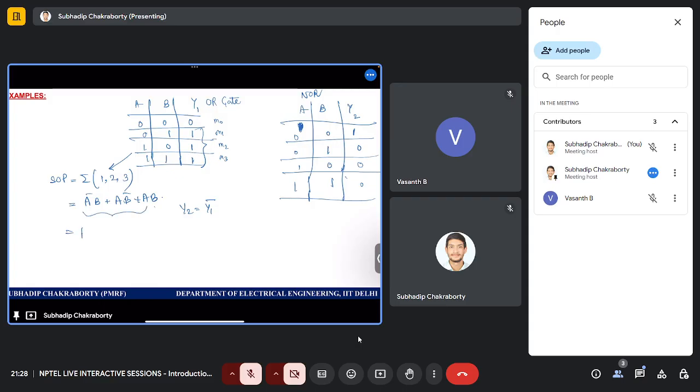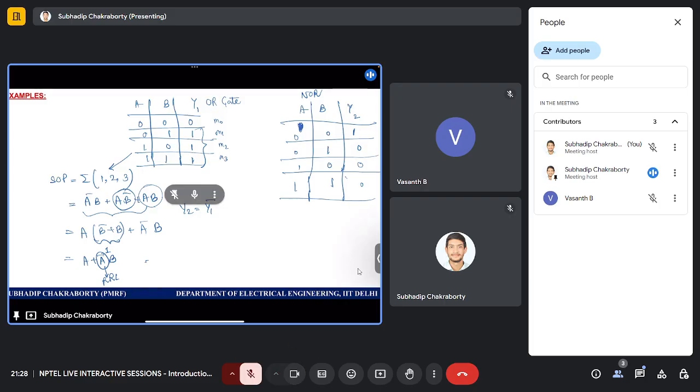And what you will get, you take A common out of these two terms, and you get B bar plus B, and you have A bar B, and B plus B bar is 1, so A plus A bar B, and by the rule of redundant literal you can eliminate that.